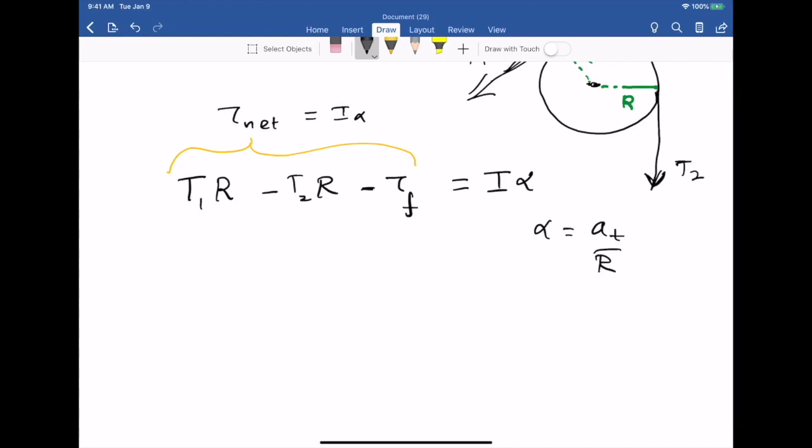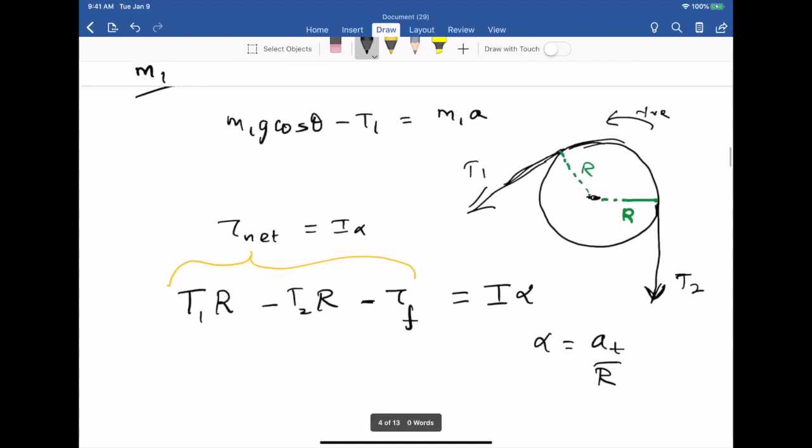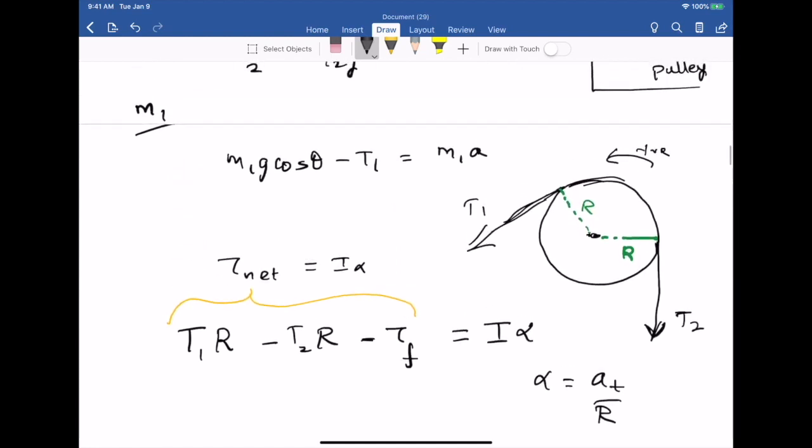I hope you understand why the acceleration of the rope will be the tangential acceleration of the pulley. I'll just explain it one more time. The rope is moving with an acceleration A, so every point on that rope has that same acceleration. That means points on the rim of the pulley also have that same acceleration, and so A is nothing but the tangential acceleration of the pulley.